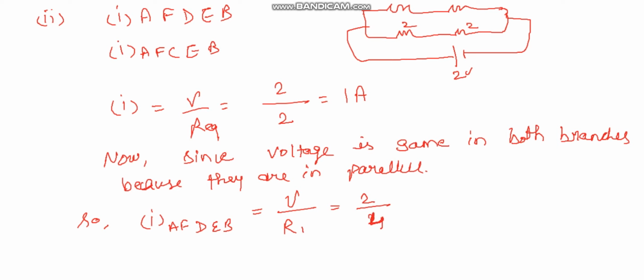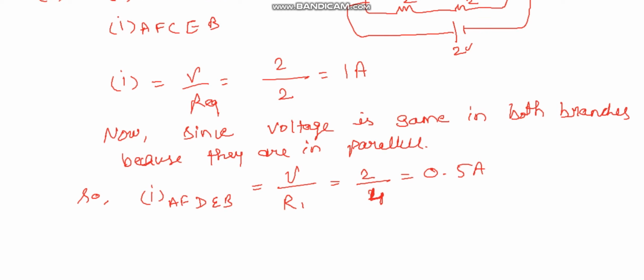R1 comes out to be 4 ohm, which is the equivalent resistance of the upper branch, so the current comes out to be 0.5 ampere. And similarly, in the same fashion, we have the current in AFCEB. Since the potential is the same, we can say V upon R2, and R2 again is 4, V is 2, and this also comes out to be 0.5 amperes.